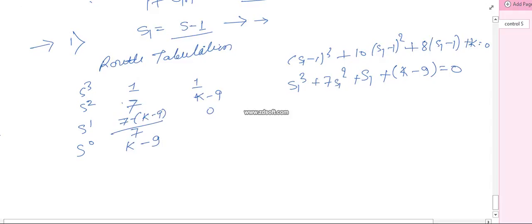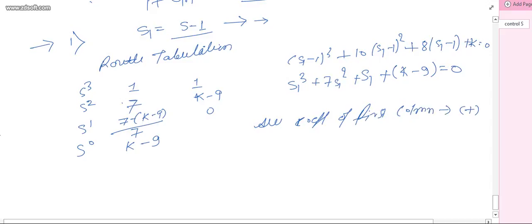Now for stability, all coefficients of the first column must be positive. This implies 7 minus (K minus 9) divided by 7 must be greater than 0, and secondly K minus 9 must be greater than 0.